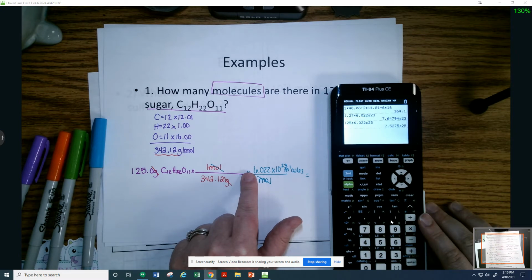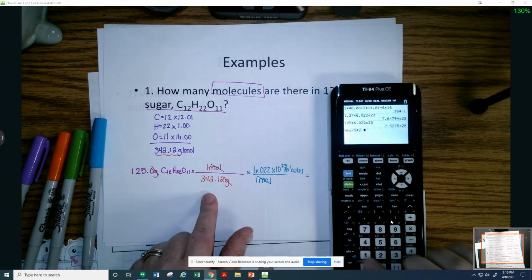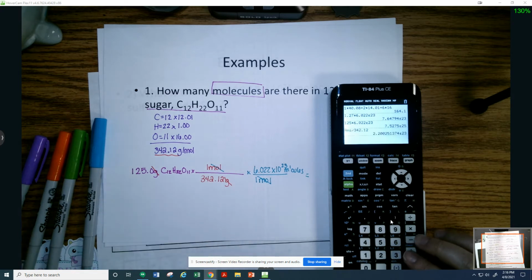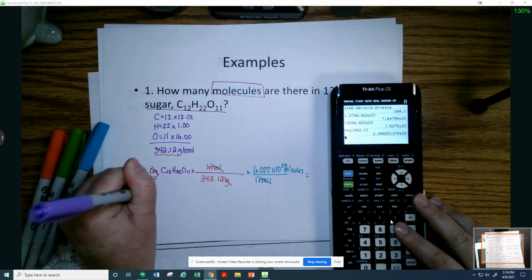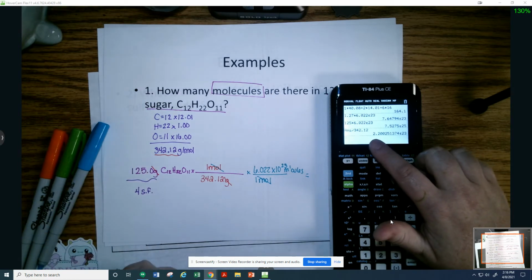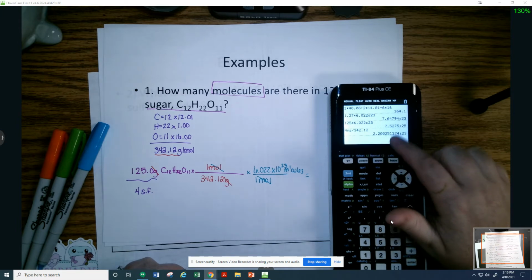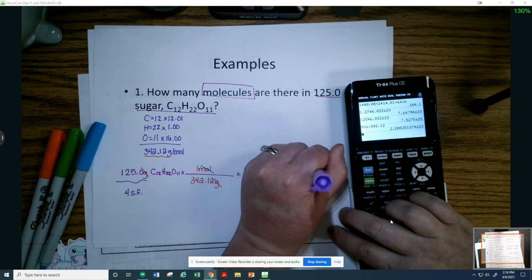I'm going to go ahead and hit enter. Divide 342.12. My given measurement has 4 sig figs, and so that means I can keep 4 in my answer. So I keep the 2.200. The 2 does not round that out, so I just say 2.200.